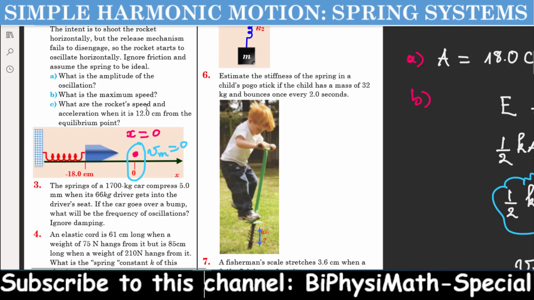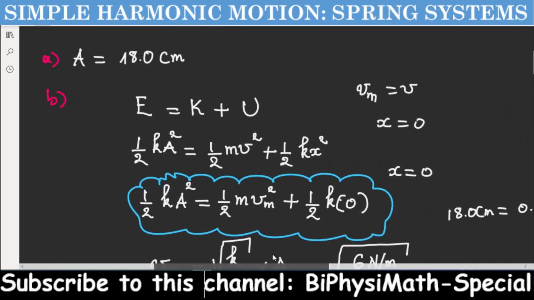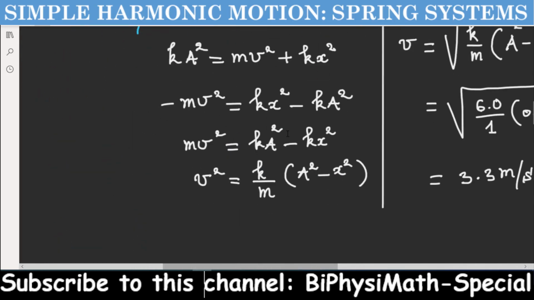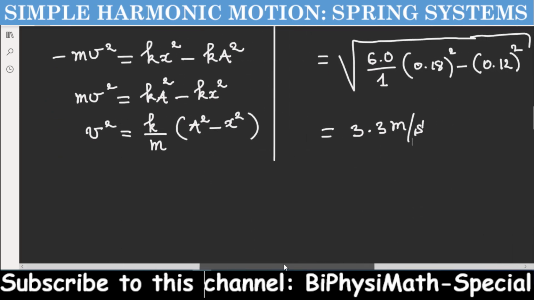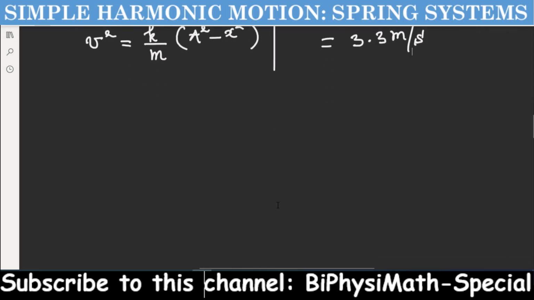The speed and acceleration. Now it's time to find the acceleration. Acceleration when x equals 0.120 meter.